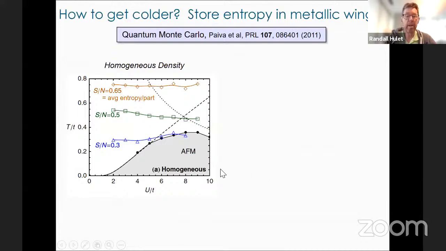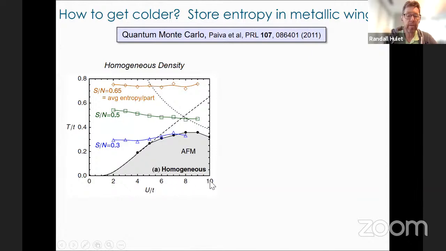Okay, so we talked about this slide a little bit. Caden had some observations about the critical density to achieve the antiferromagnetic order. This is again the temperature on the vertical axis and the interactions on the horizontal axis.